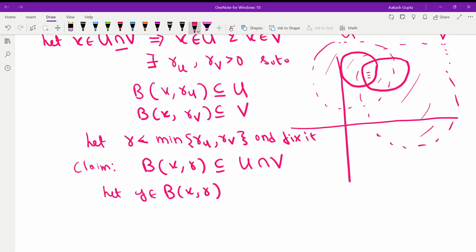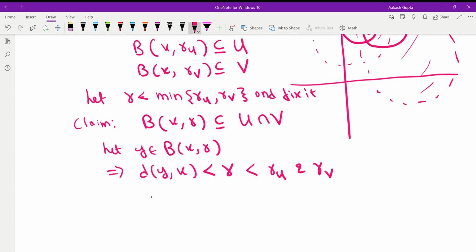Let y belong to B(x, r). What does it mean, guys? The distance of y and x is less than r. Now r is less than r_U and also r_V. So what does it imply? y belongs to both of the balls.